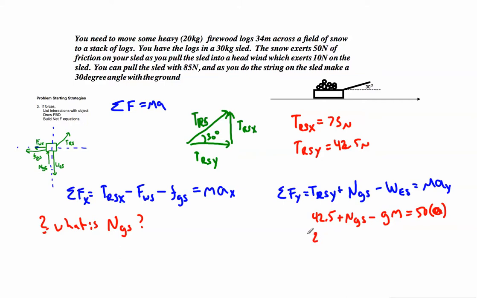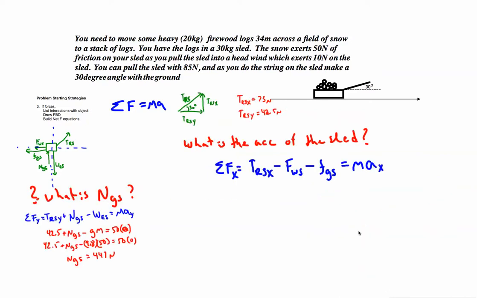Let's do one more substitution. 42.5 plus normal force ground on sled minus 9.8 times 50 equals 50 times 0. Now you'll notice there's only one unknown in that equation. That's the normal force ground on sled. And so you can just solve for that. And when you do that, you should get 447 newtons.